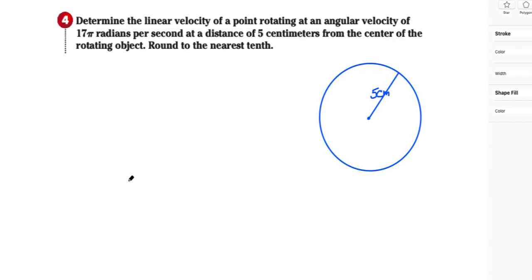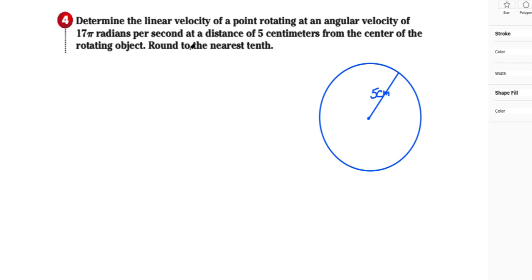So here, for example 4, we're going to determine the linear velocity of a point rotating at an angular velocity of 17 pi radians per second at a distance of 5 centimeters from the center of the rotating object. We're going to round this answer to the nearest tenth. So here's what we remember.